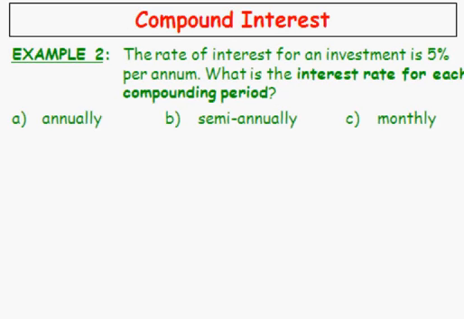Okay, so for example, if we're given an interest rate of 5%, and we want to figure out the interest rate for each compounding period, so we're actually calculating i in each of these examples. We're not using the entire formula, we're just calculating the interest rate per compounding period. The first thing we do is divide this by 100, so 0.05.